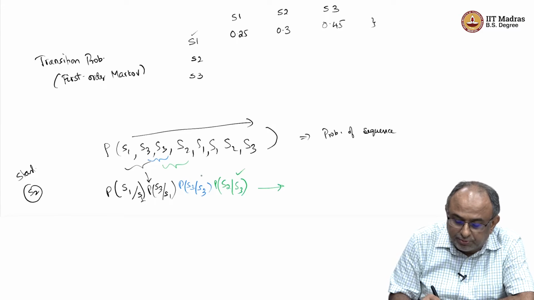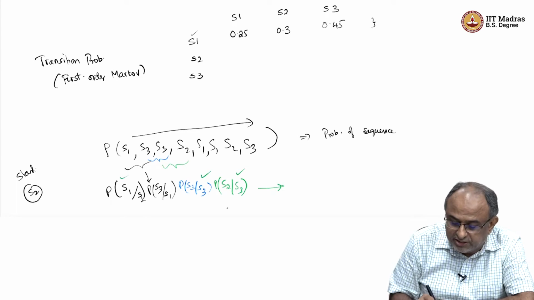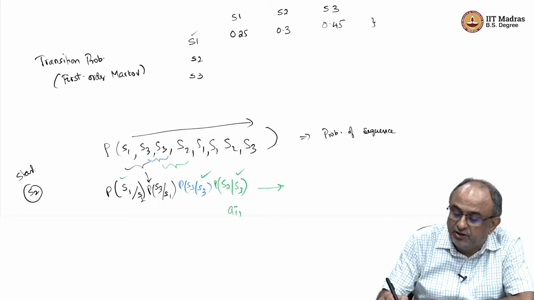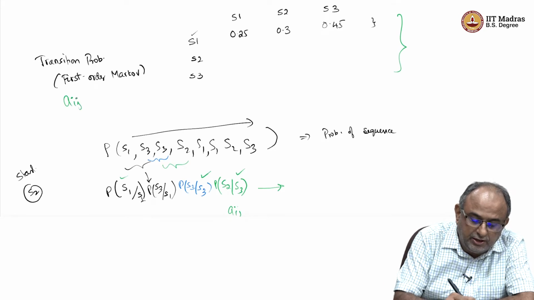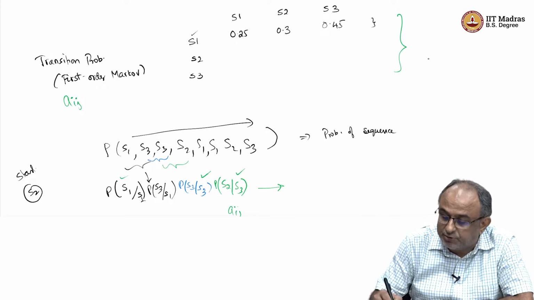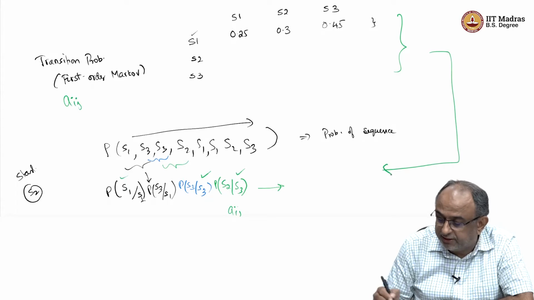All of these probabilities, which we call AIJs, these are the transition probabilities, are captured from this table. That's how we are going to get them, right?